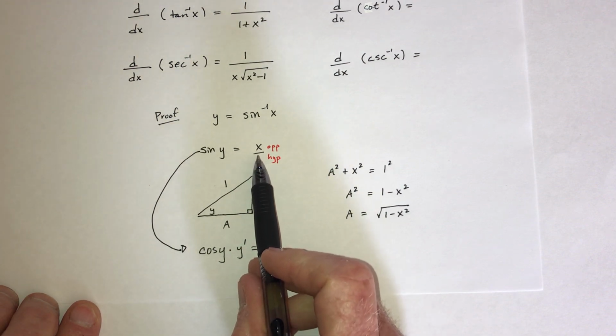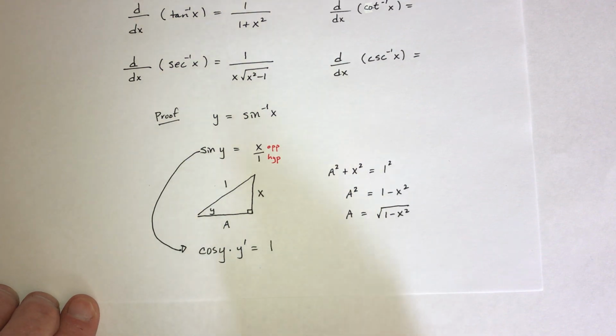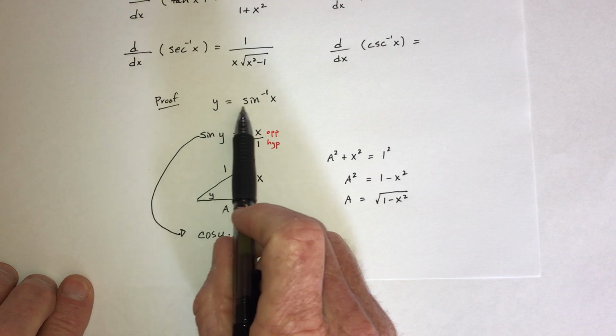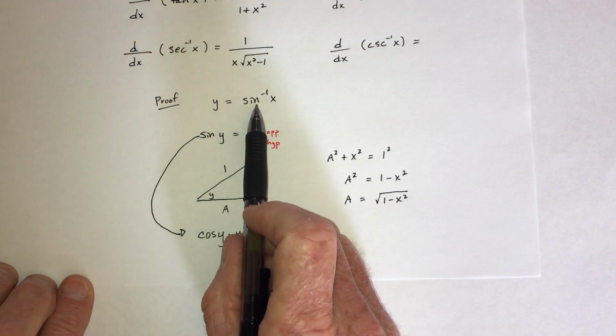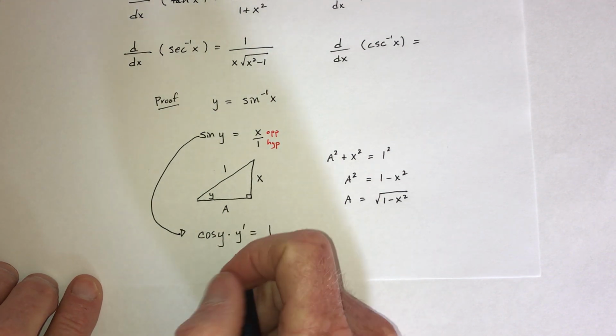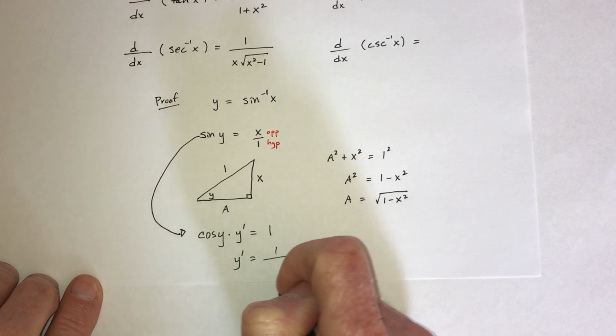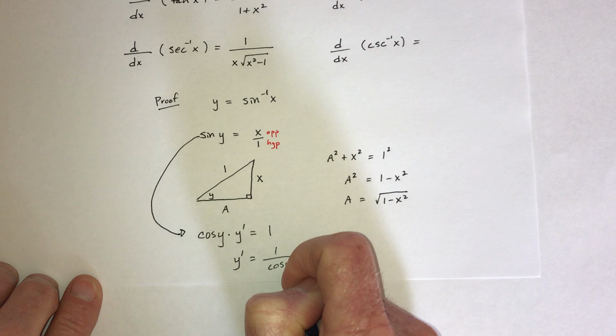And on the right, the derivative of x is just a 1. So my goal was to find out what y prime equals when y equals sine inverse. So solve for y prime right here. Y prime is equal to 1 divided by cosine of y.